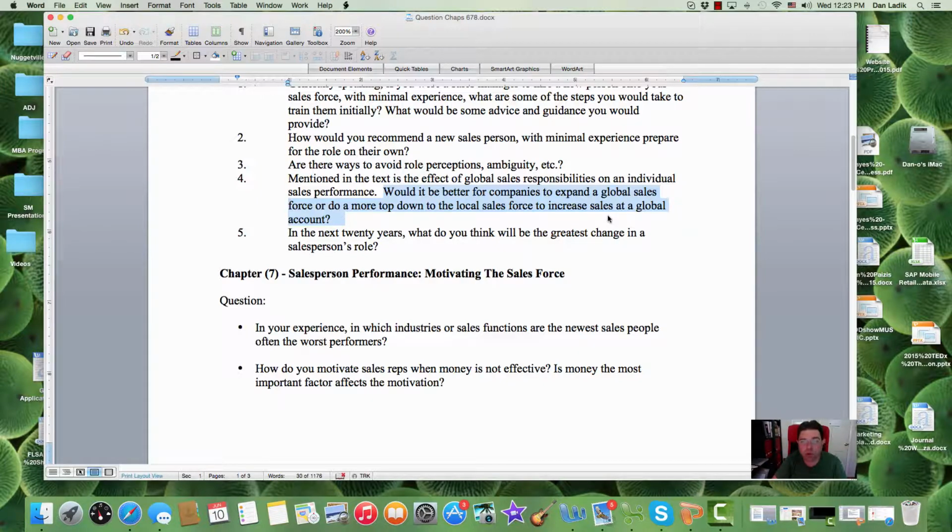If you can do it, either an internal local sales force, meaning actual employees, or in the majority of cases, as we talked about rep firms in our last video, the local sales force is a rep firm in another country. They're an external sales force, but at least they're local to that particular country.